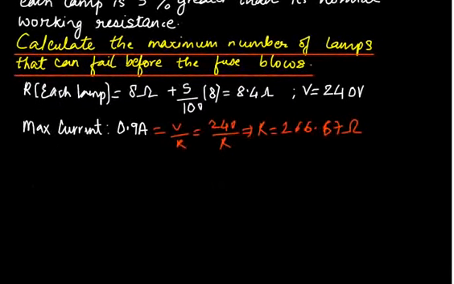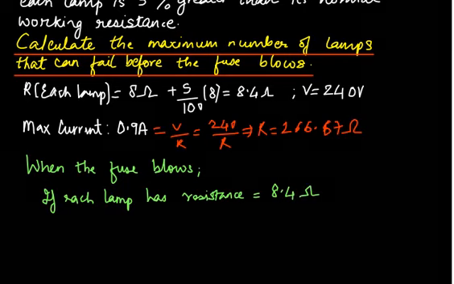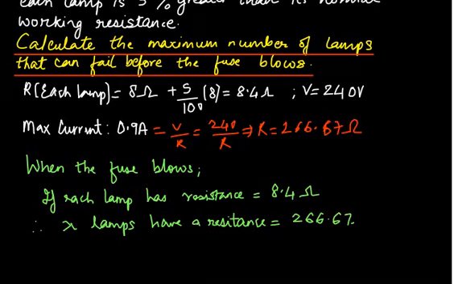Also, when the fuse blows, if each lamp has a resistance equal to 8.4 ohms, therefore we may say that X lamps have a total resistance of, as we just found, 266.67 ohms.